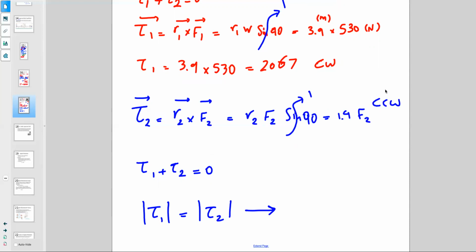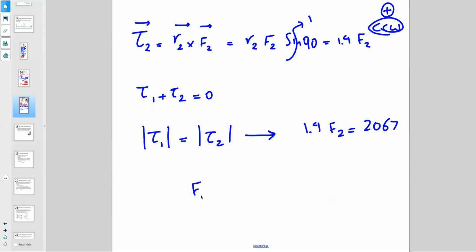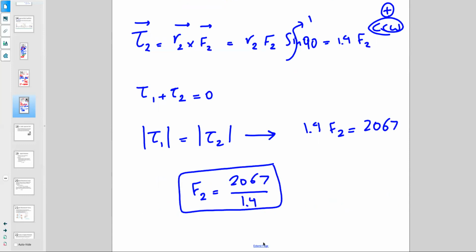The counterclockwise is positive, the clockwise is negative, but they have the same value. In other words, 1.4 F2 should be equal to 2067. So F2 is 2067 over 1.4.